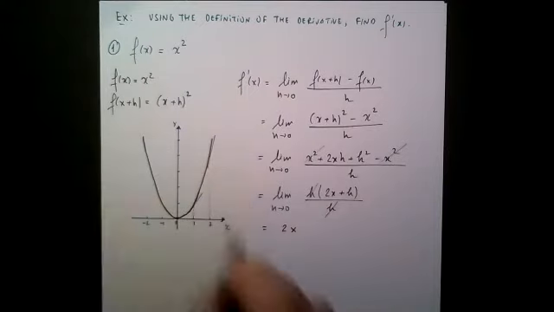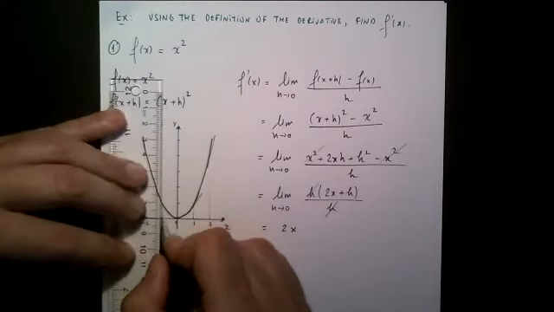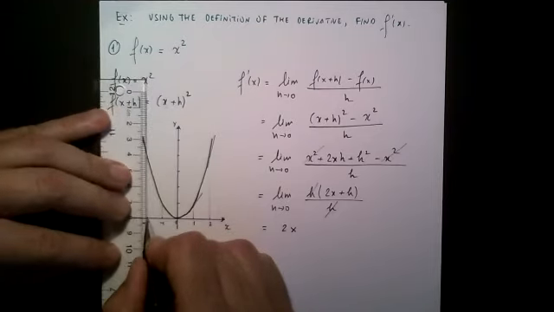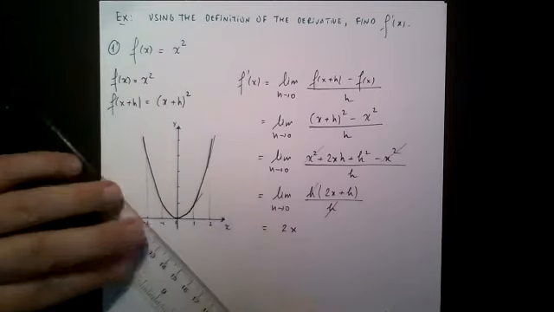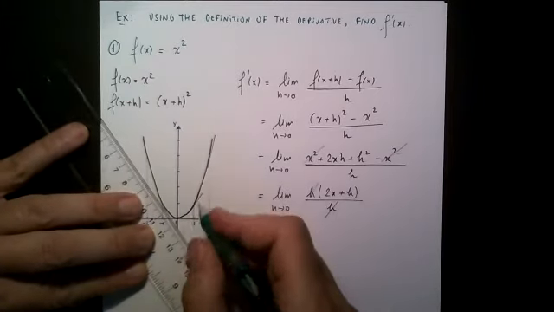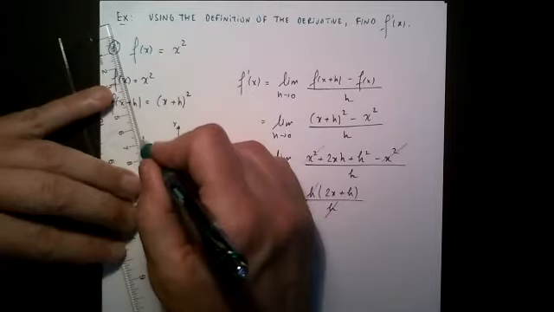Same thing at -1, at -2, for example. There's a tangent, I'm drawing it in green. There's a tangent here also.